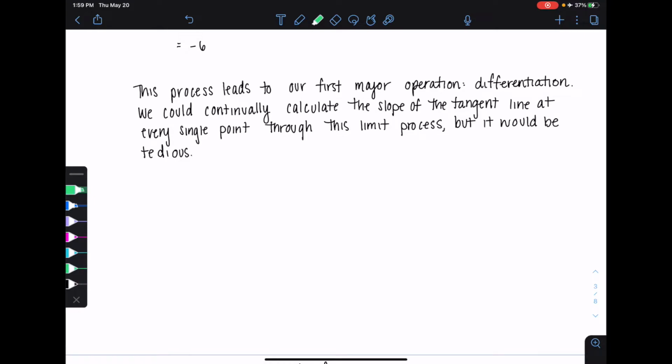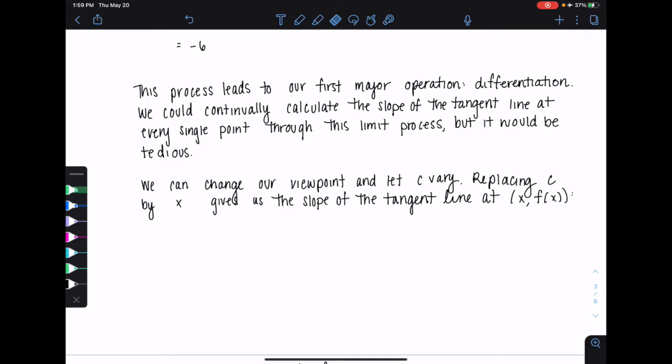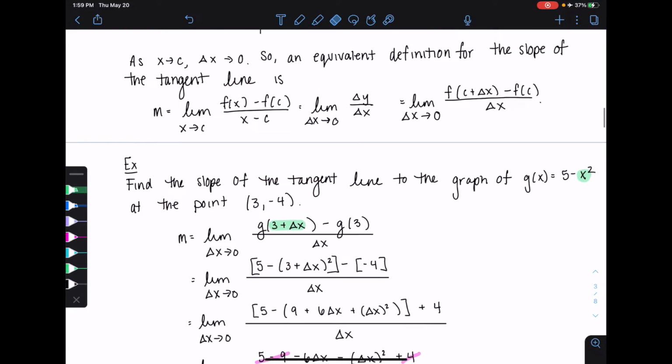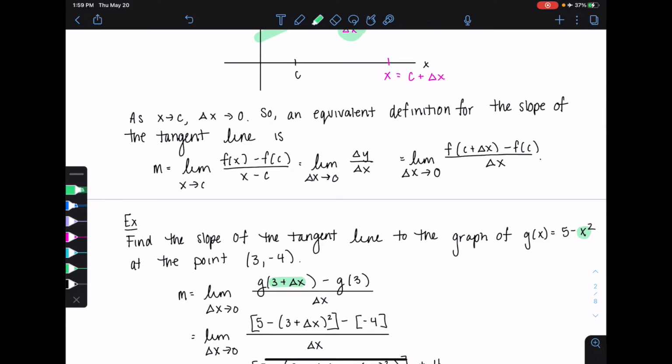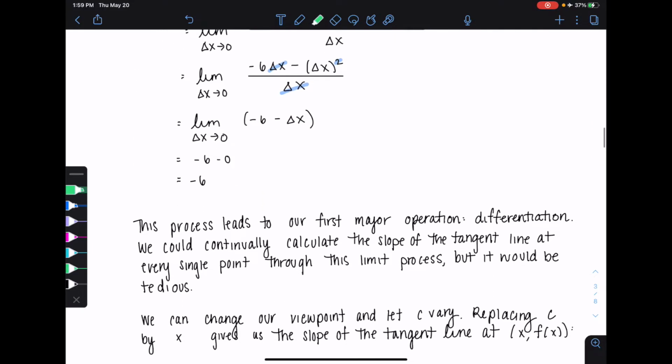We could continually calculate the slope of the tangent line at every single point through this process, but it would definitely be really tedious. So instead, we can change our viewpoint and let this value of c vary. So in that equation I have way back up here, instead of dealing with this particular point c, we're going to replace that by some value x.